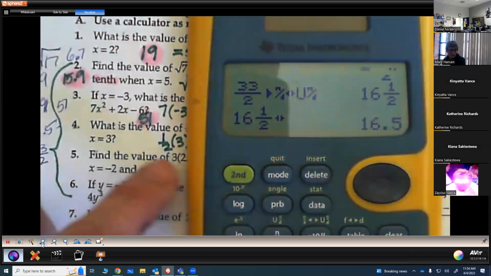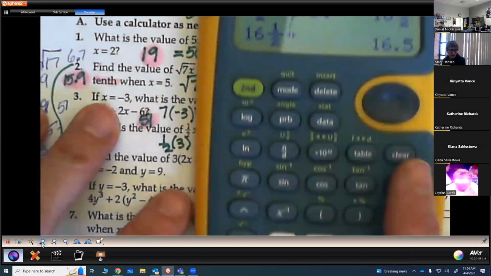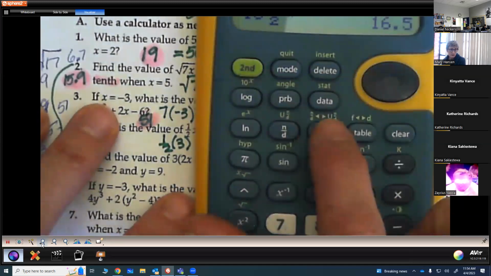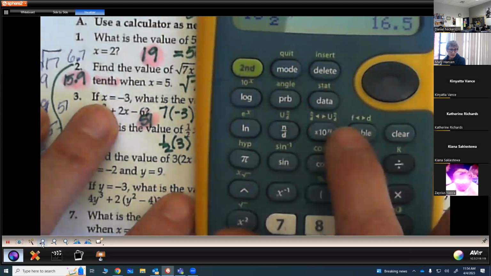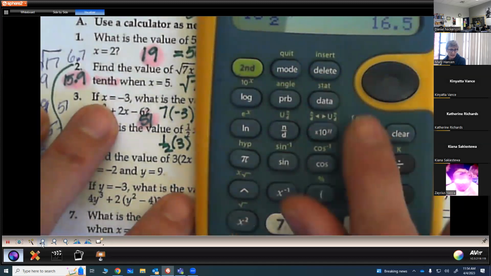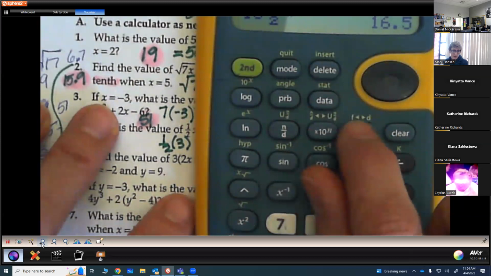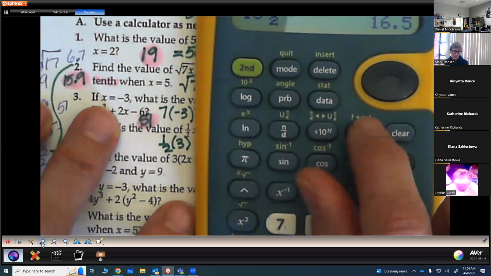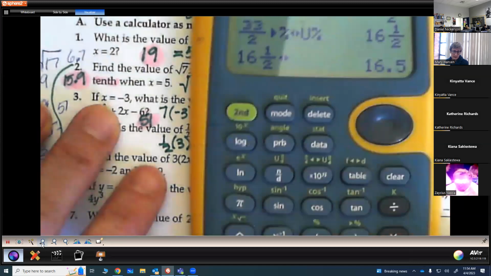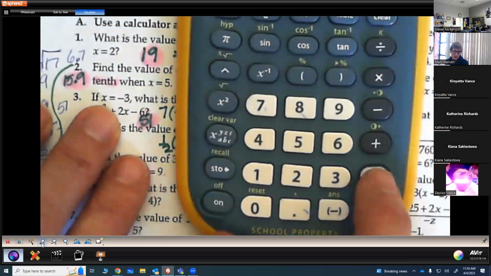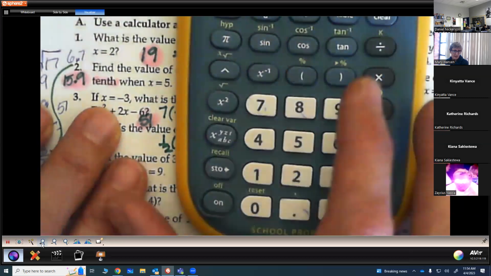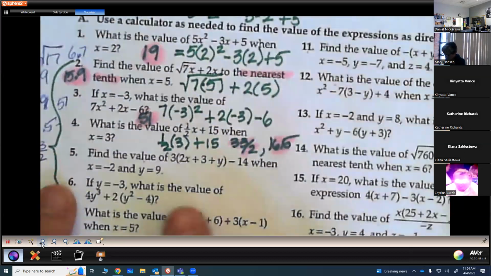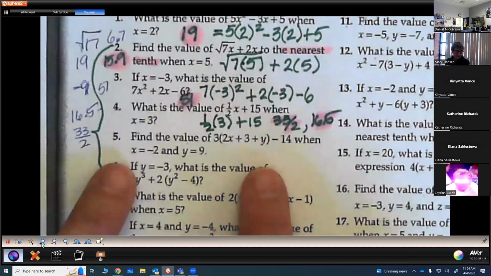And then the key that is 3 above the 8 that has the double arrow. If you look next door to the key that's 3 above the 9, it says F double arrow D, and that goes from fraction to decimal. But your double arrow key down here does the same thing. So I usually use this double arrow key. Okay, so good job. We had several of you who got the right answer in different forms, but that's great.